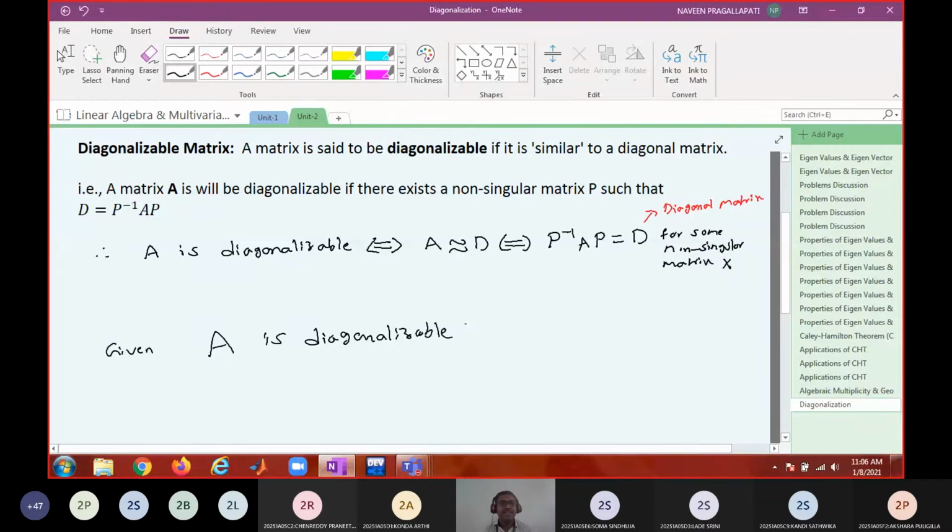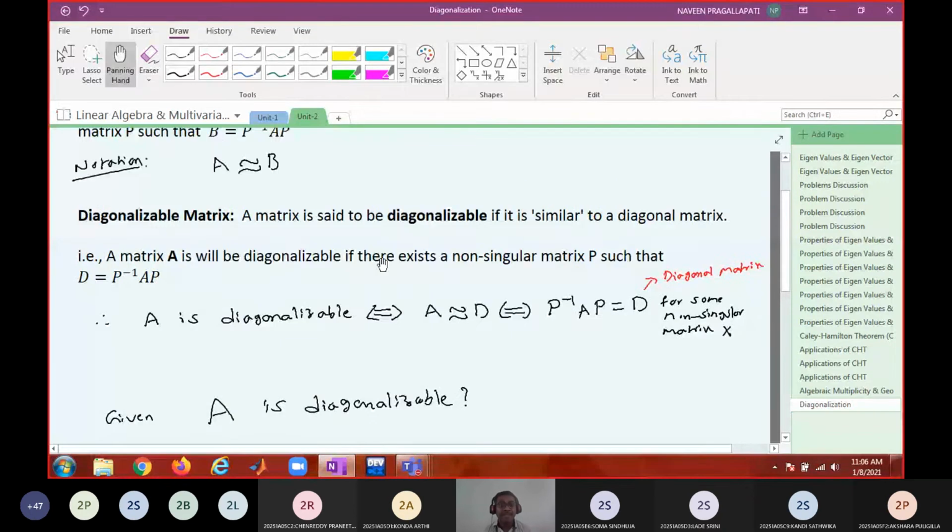What the definition says is, if there exists a non-singular matrix P such that P inverse AP equal to D. But how do you know whether there exists such a non-singular matrix P satisfying this condition?